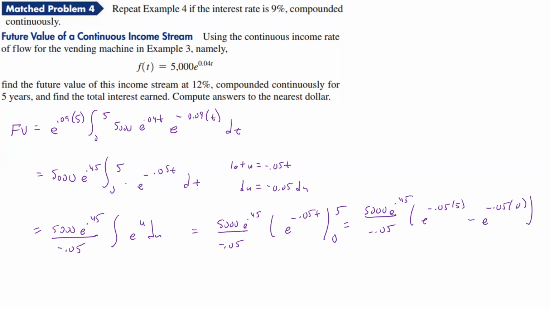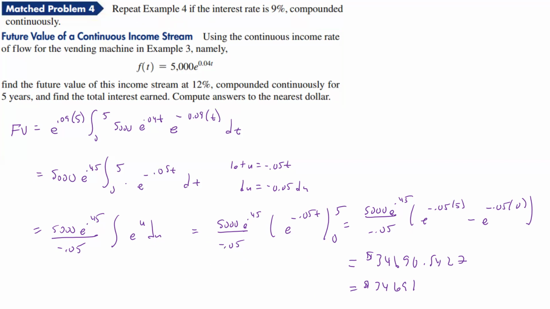And so that gives us a value of 34690.5427. But we want it to the nearest dollar, so that's going to be 34,691. Okay, so that's going to be the future value.